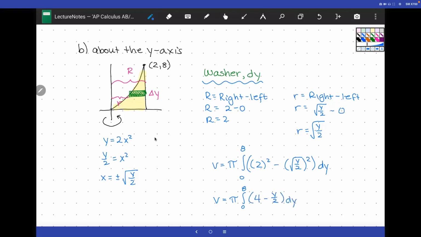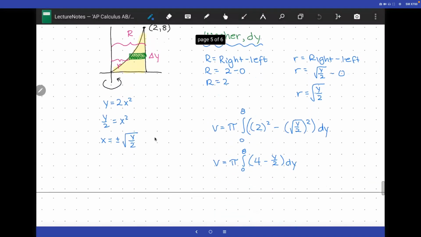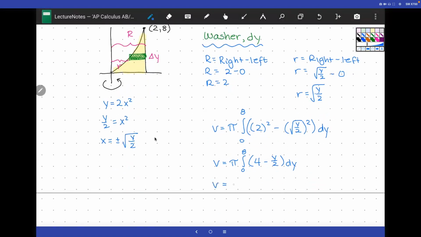Turns out it's not that bad to integrate. And actually, the answer is just 16 pi.